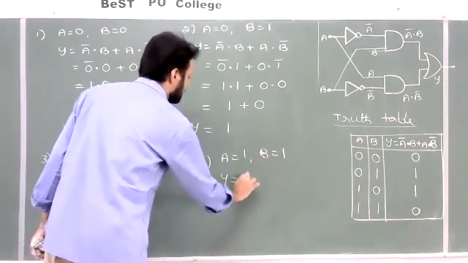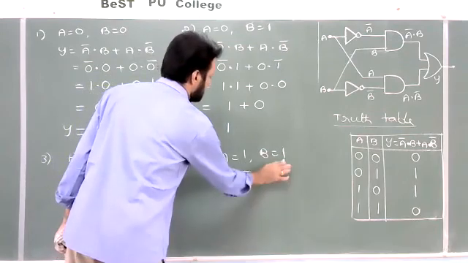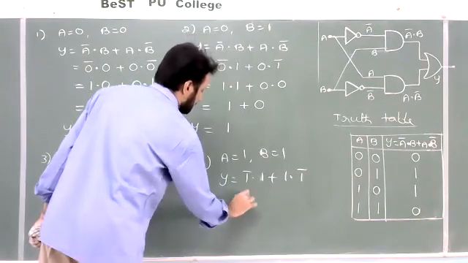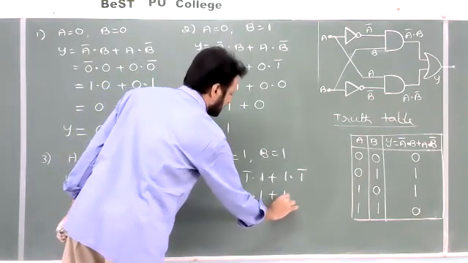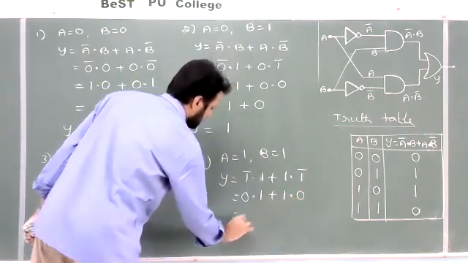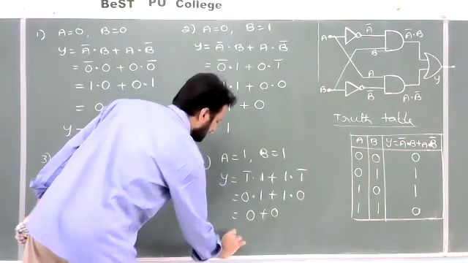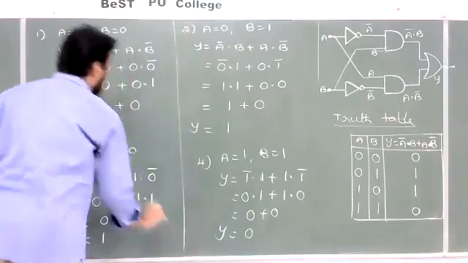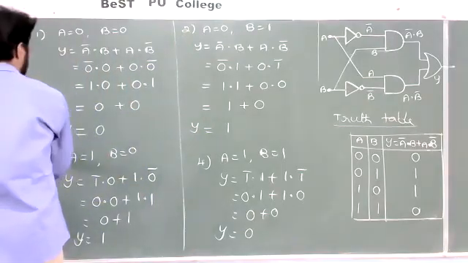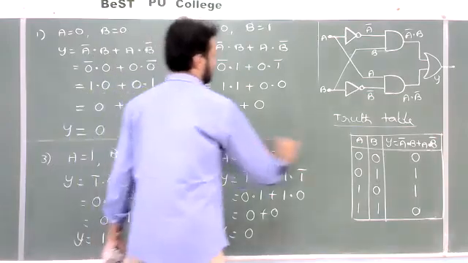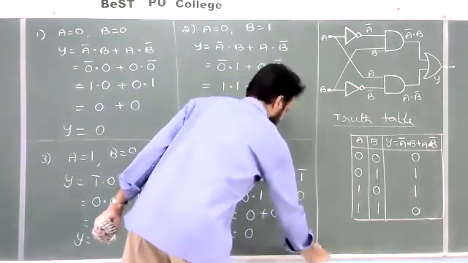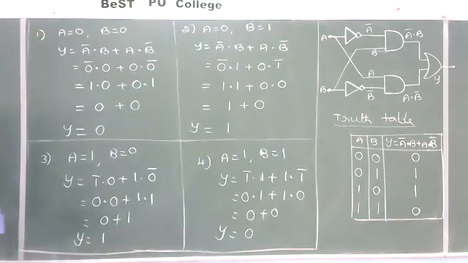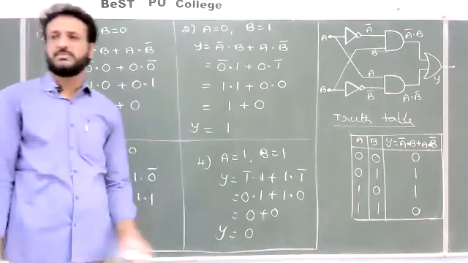So Y is equal to 1 complement into 1 plus 1 into 1 complement, which is 0 into 1 plus 1 into 0, which equals 0 plus 0 equals 0. So with the Boolean expression, we can generally check like this. Sometimes questions are asked based on this.